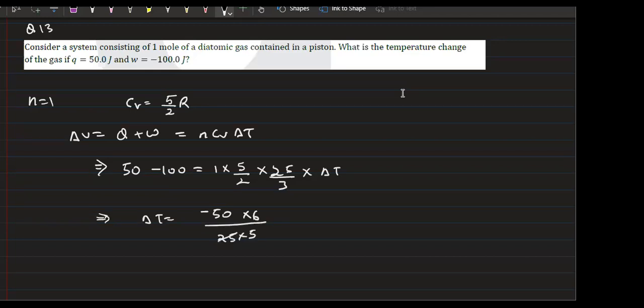So we have 2 times, so into 2 into 2. So we will get minus 2.4 Kelvin. Got it, everyone? Minus 2.4 Kelvin. Right? So it will cool down by 2.4 Kelvin. So 13 हो गया हमारा. 13 में किसको दिक्कत है? देख लो एक बार. 14, 15 भी है.